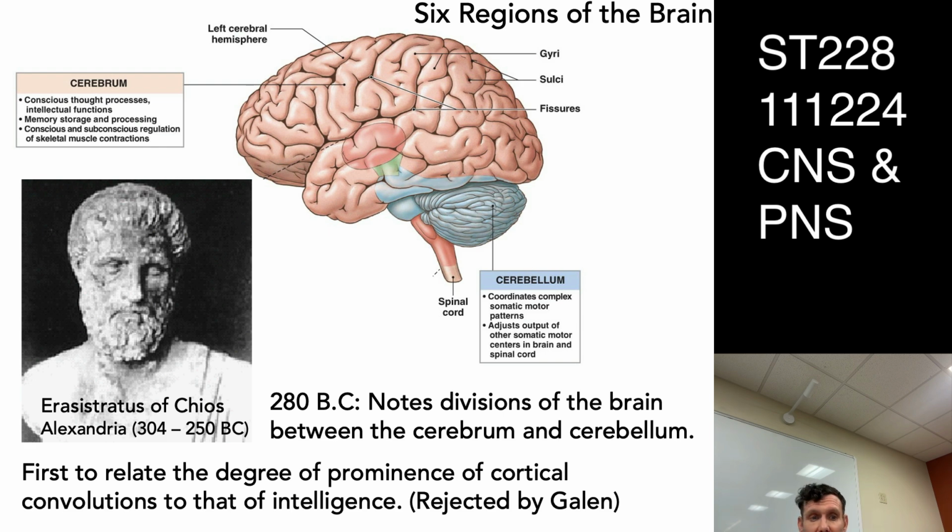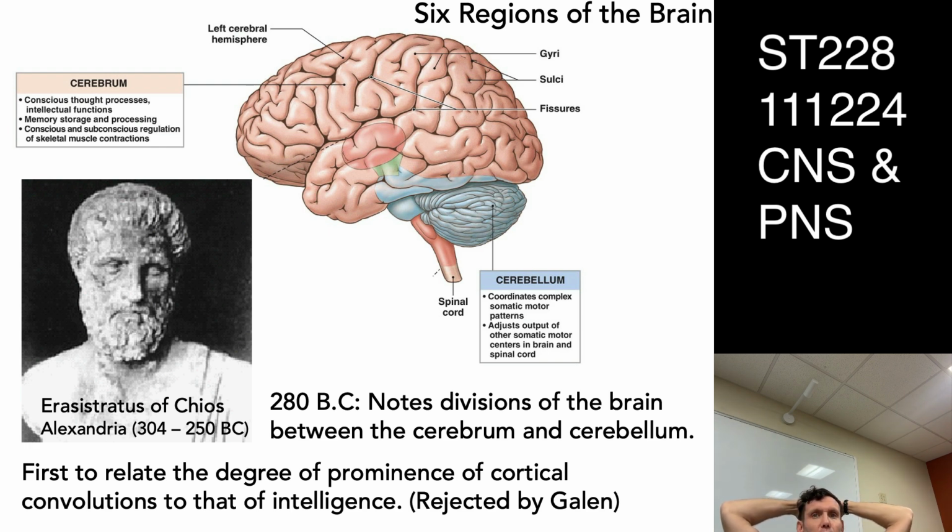But this guy Erasistratus thought that those convolutions that you see on the cortex up there, we call them gyri. A gyrus is one fold, and the grooves in between them are called sulci, or individual sulcus.